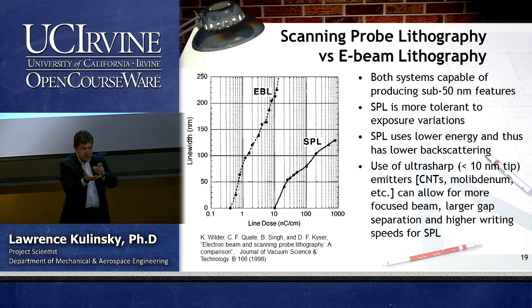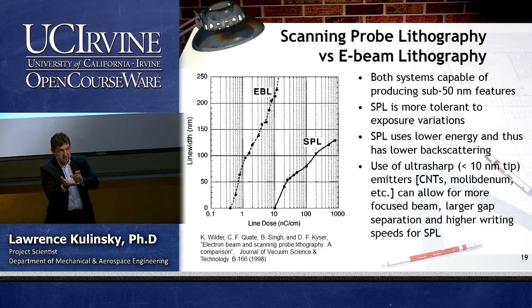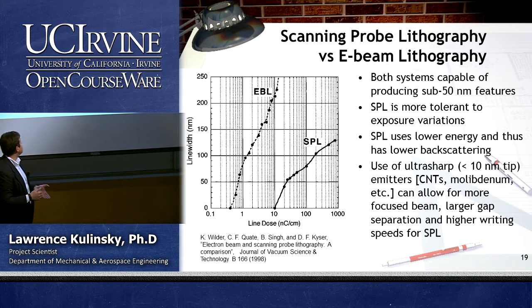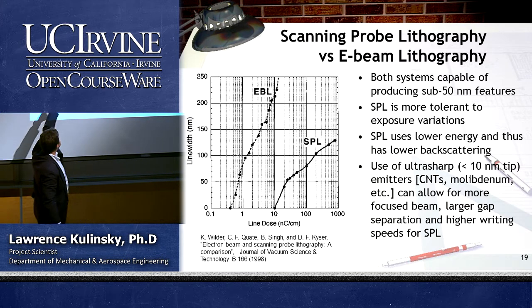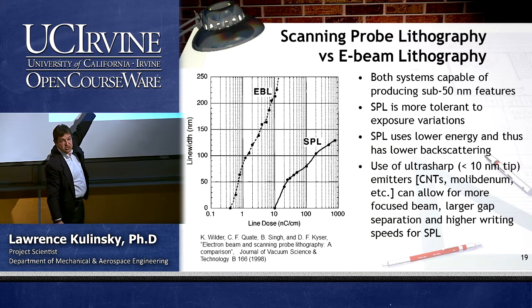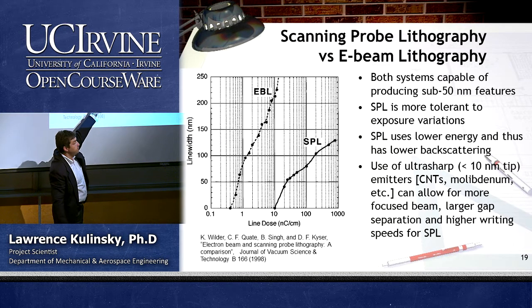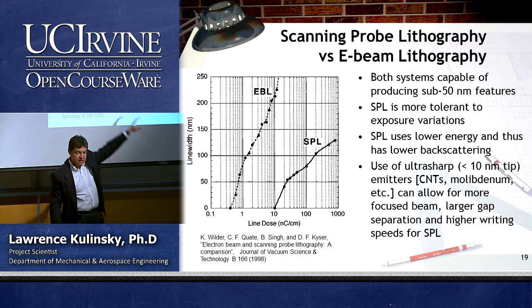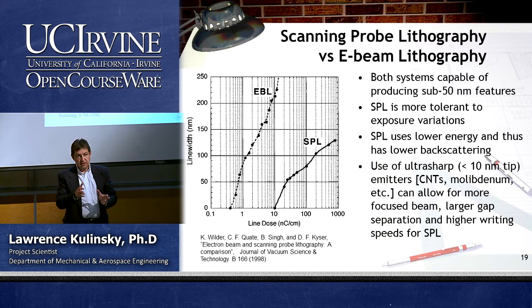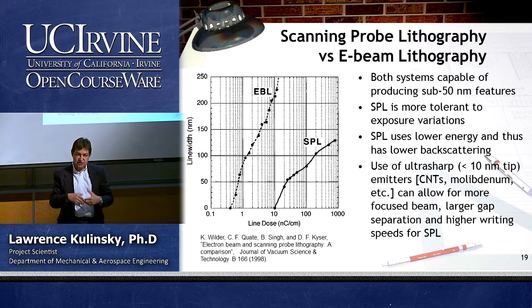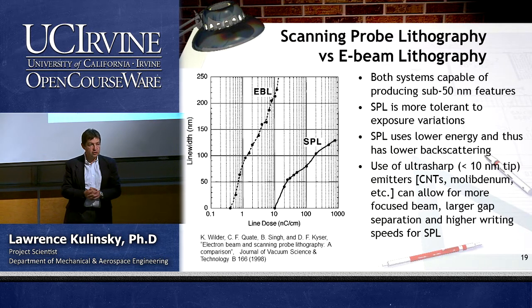The electrons produced from that tip need to have much lower energy than conventional E-beam lithography. Basically, E-beam lithography needs much higher energy than your scanning probe, and your scanning probe can produce finer features. You can have more control in your lithography.